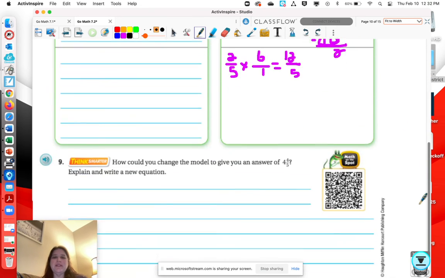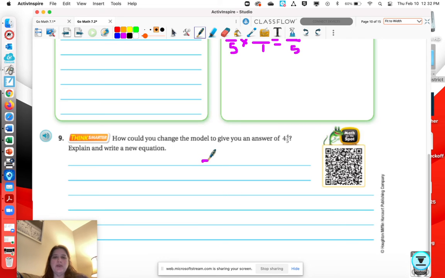Let's take a look if that works. Let's do 22 over 5 and divide that. 5 goes into 22 4 times. We get 20. And there's our 4 and, oh, that's 4 and 2/5.